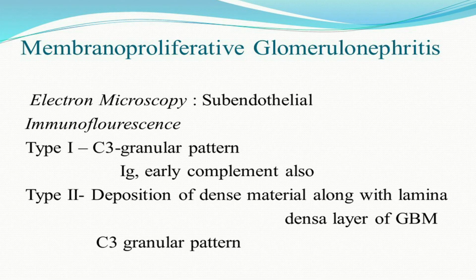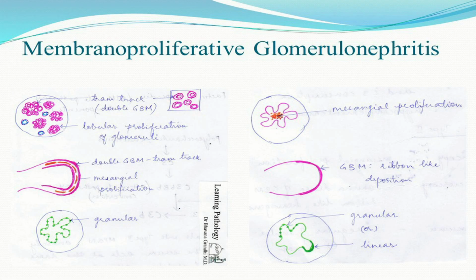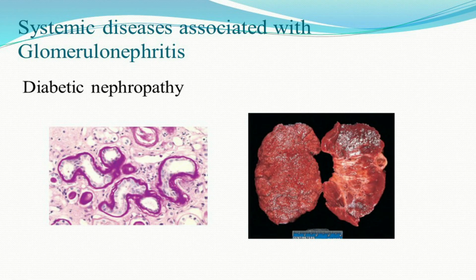So, overall view of MPGN: the deposit is subendothelial, and immunofluorescence differs in type 1 and type 2. This is a diagrammatic representation of type 1 and type 2. Type 1 is tram track, type 2 is dense deposit disease. Lastly, we discuss a few systemic diseases associated with glomerulonephritis.